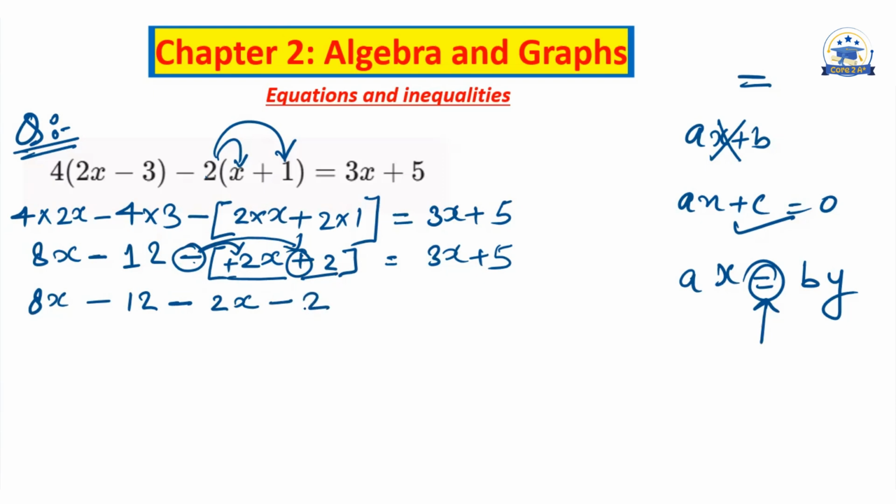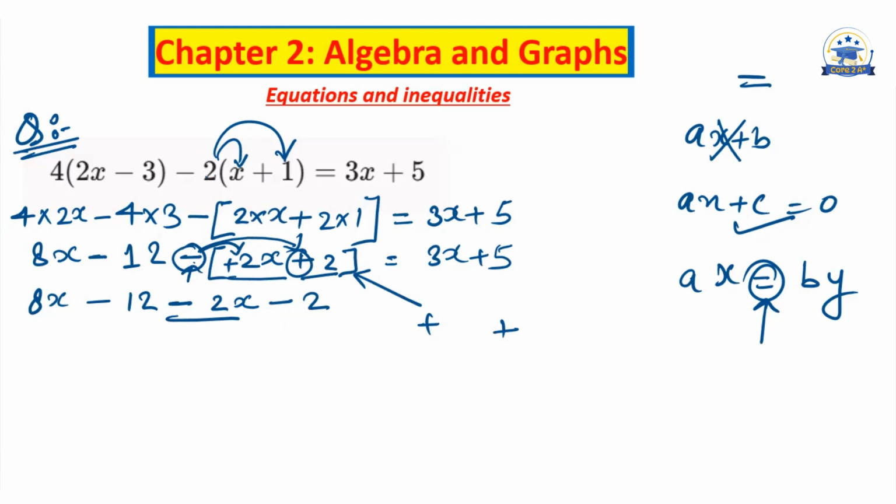Did you observe the power of negative? In the bracket, both terms were positive, 2x and 2. But when we open this bracket, both are negative. That's the power of negativity.